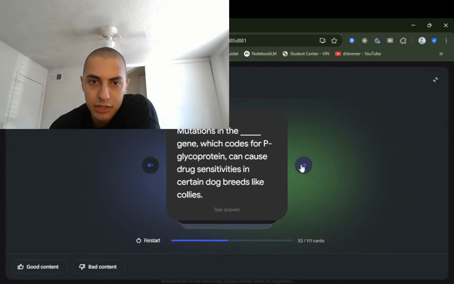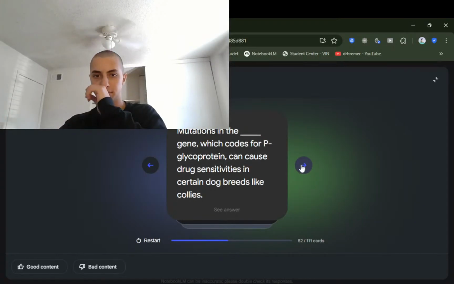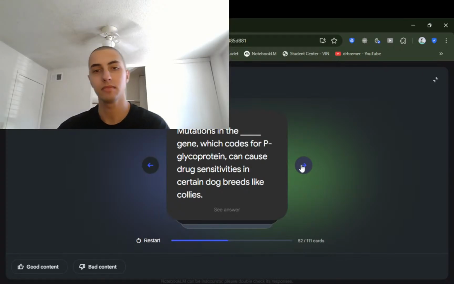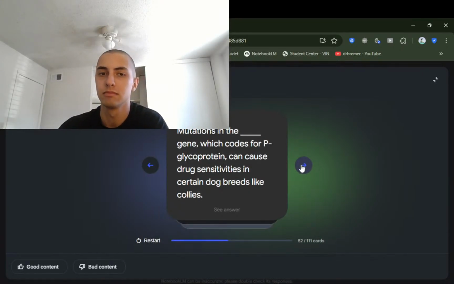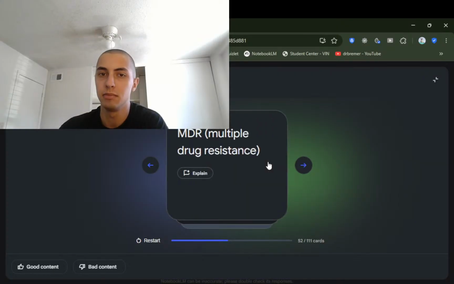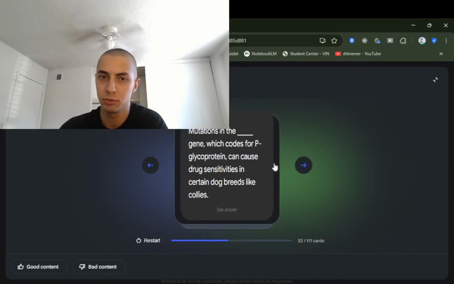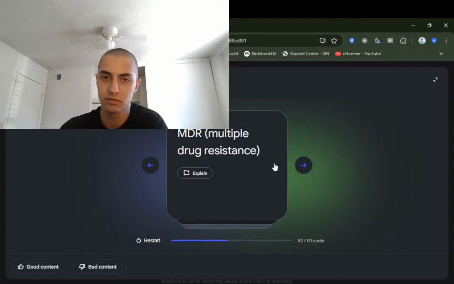Mutations in the blank gene, which codes for P-glycoprotein, can cause drug sensitivities in certain dog breeds like collies. MDR gene, multiple drug resistance gene. Okay.